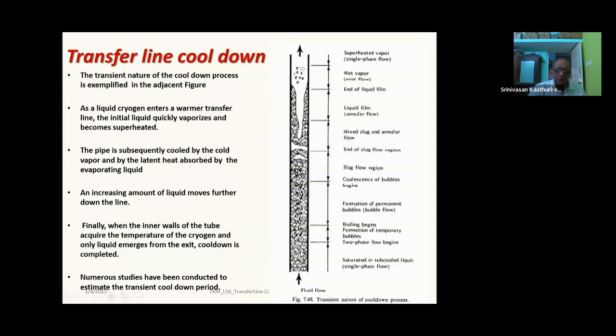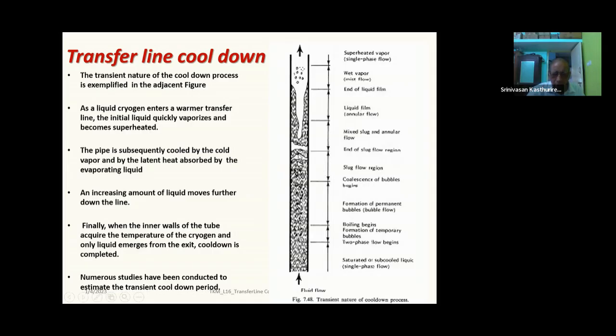Because of the lot of heat coming in, the two-phase flow begins. Then the boiling of the liquid happens here, and then the formation of bubbles, or in other words, bubbly flow. As you move upwards, the bubbles now join together. That is coalescence of the bubbles. And then you arrive at what is called the slug flow.